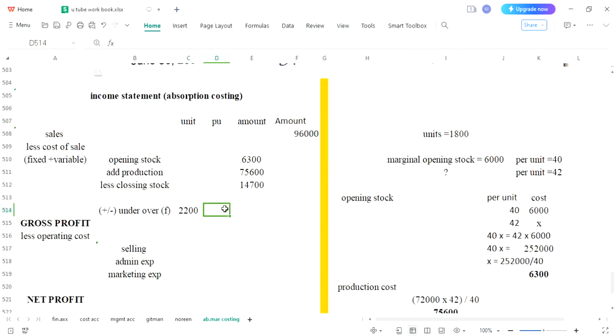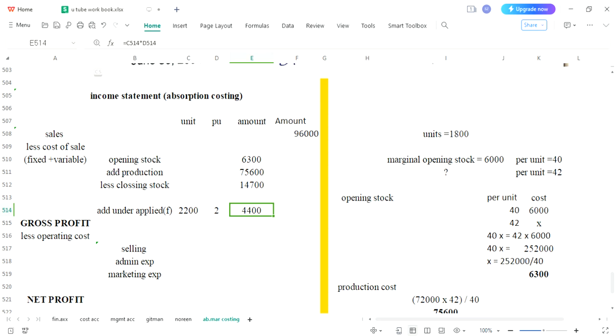You can put over here. Finally, you can calculate your amount by multiplying units into per unit. Units over here are 2200 and now multiply it with 2. This way under applied production has been calculated, and you do know under applied would be added. So add under applied factory overhead.